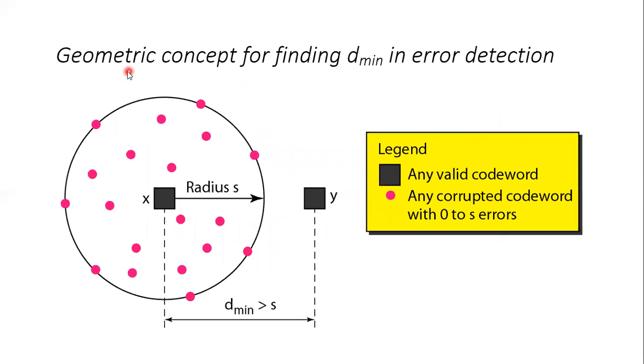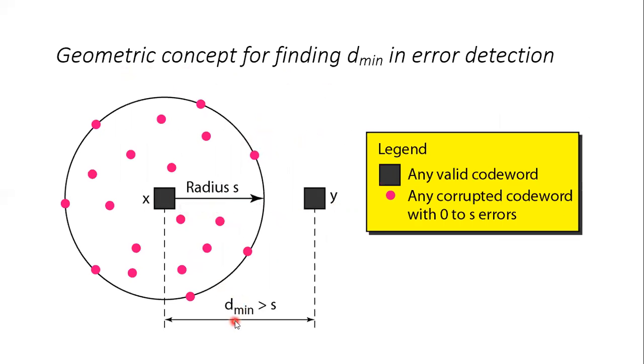So this is the geometric concept of finding the minimum Hamming distance in error detection. Okay. The radius is s, around the x and y coordinates.